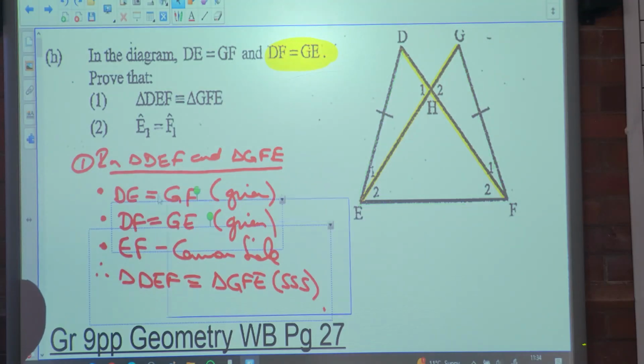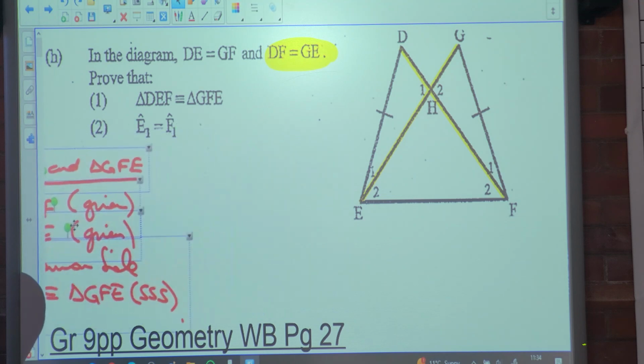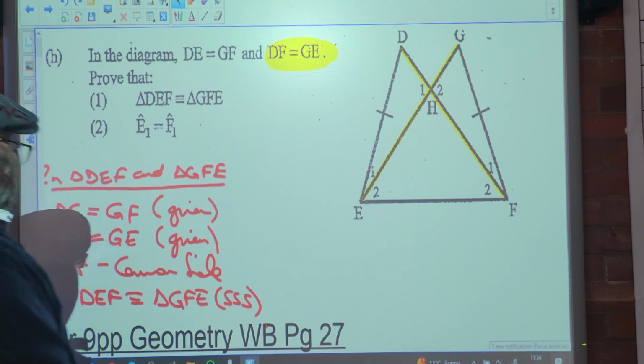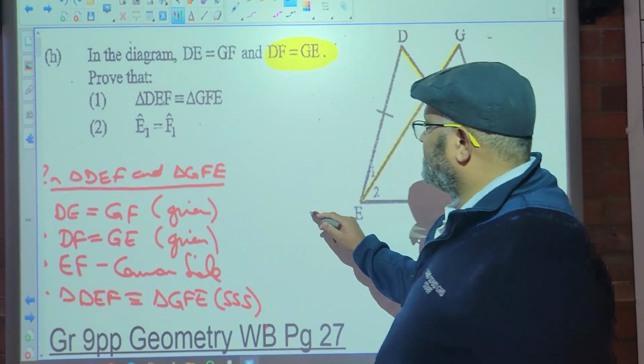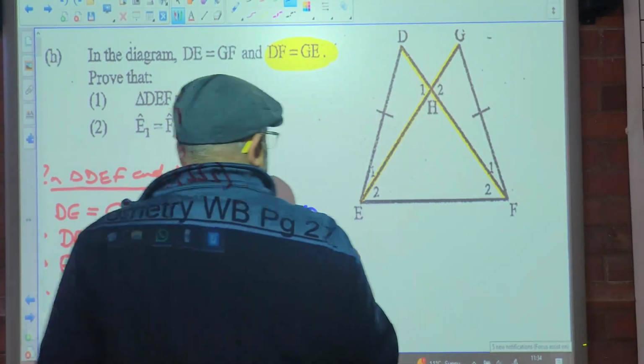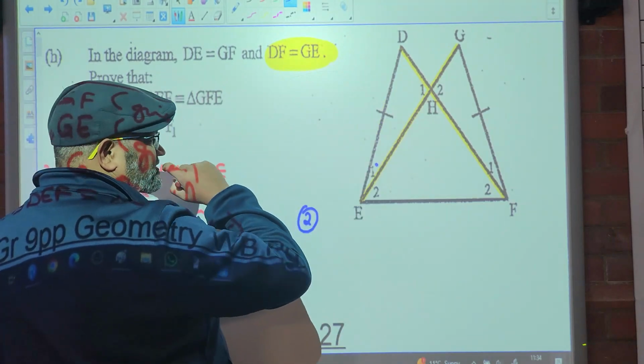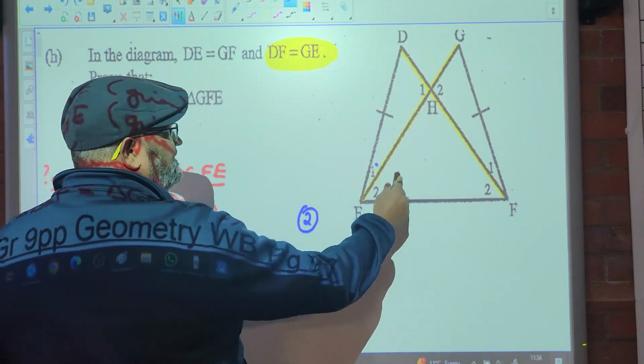Now the question says, I'm just going to pull this over a bit, just in case I need it. The question says prove that angle E1 is equal to angle F1. So angle E1 is this little angle here. But to get to that angle is actually going to be this whole angle here.